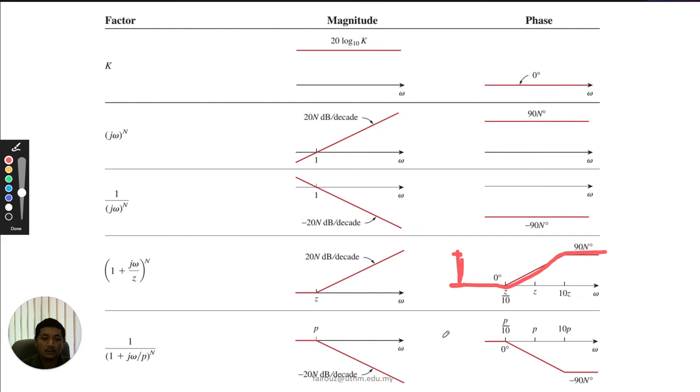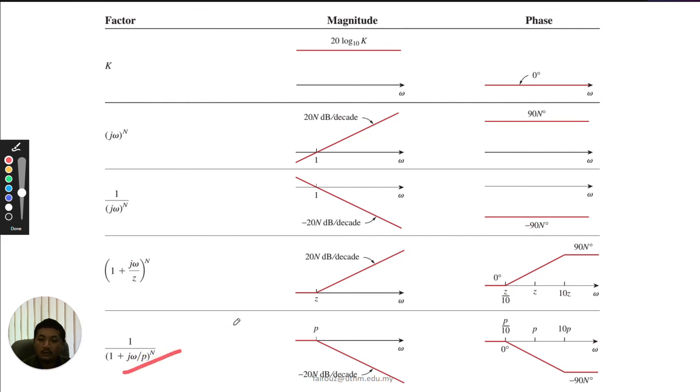So in other words, here to here is 45 degree, here to here is 45 degree. So we can say that it is 45 degree per decade, because here are 2 decades.